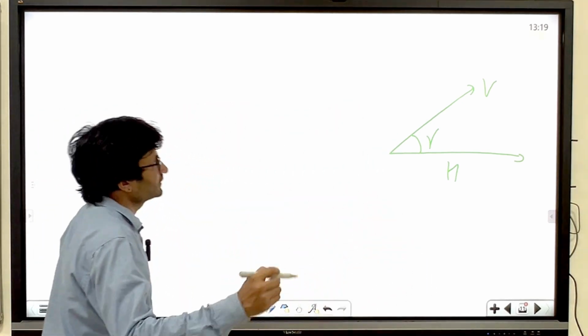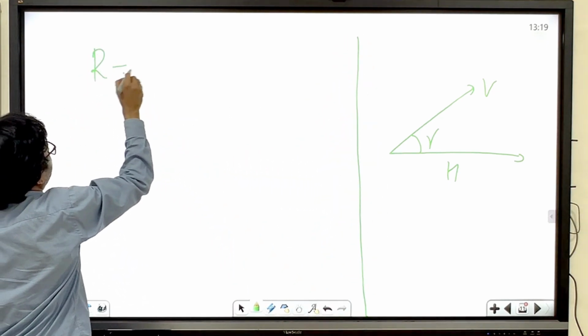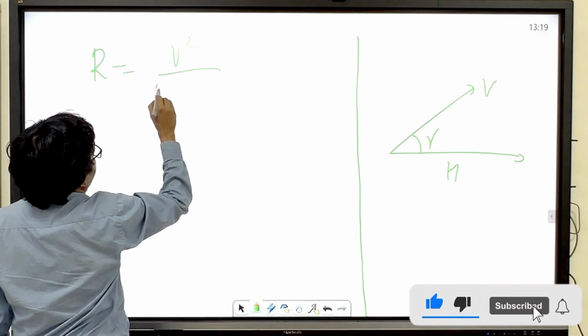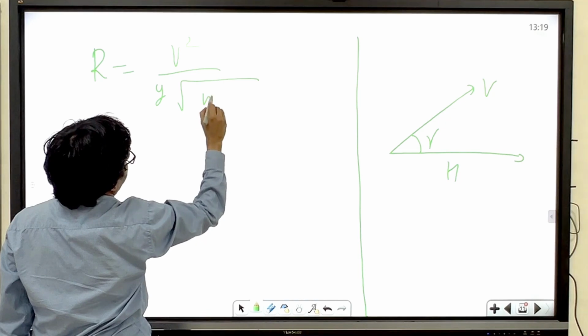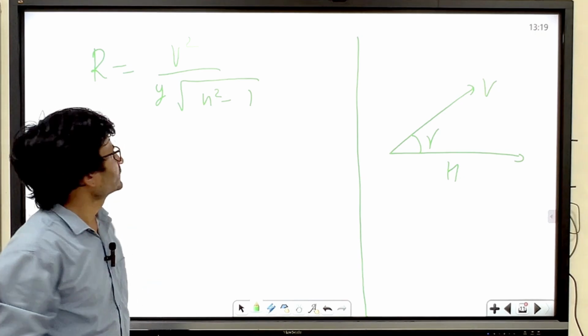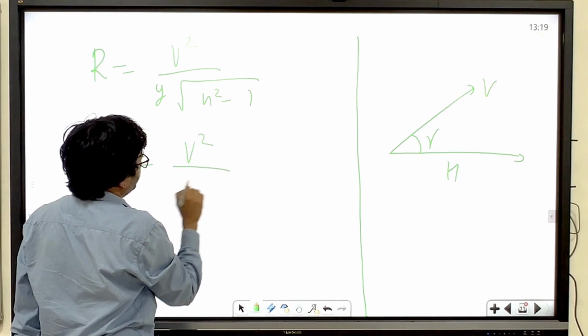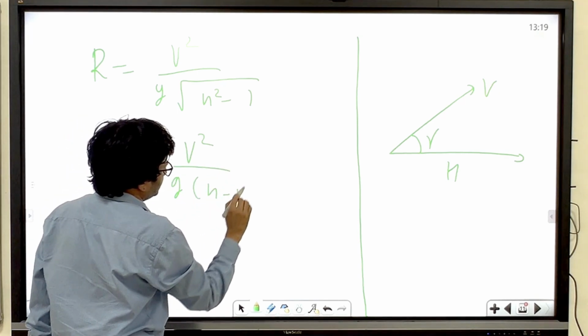So in the turn case, we have derived this case, right? And for the pull up case, we have derived this.